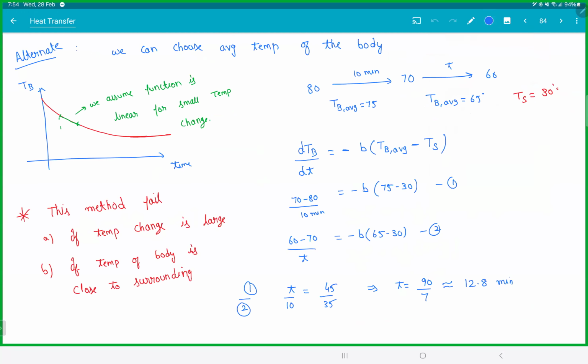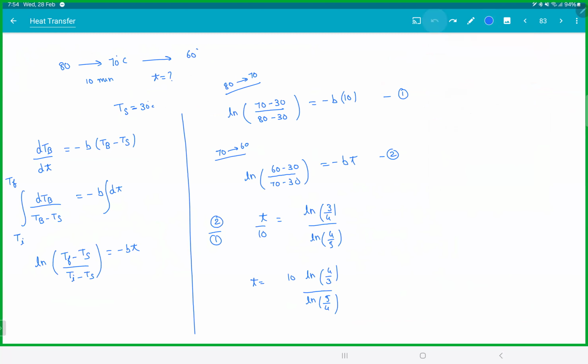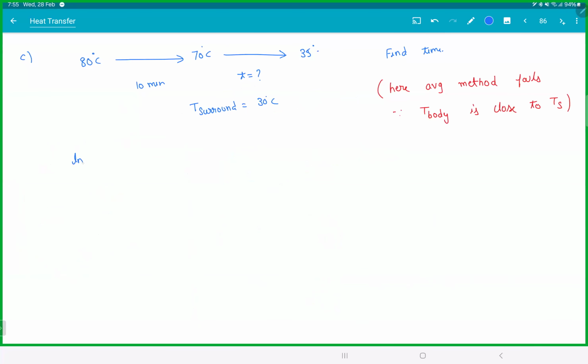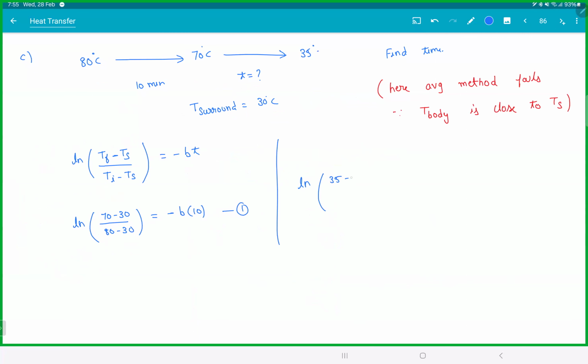You have to go back to this one again: ln (T final minus Ts) by ln (T initial minus Ts). So T final is 70 minus 30 by 80 minus 30 is minus B into 10. Ln of 35 minus 30. Now, for example, if I said this is 30 degrees, you would have got ln 0, no?